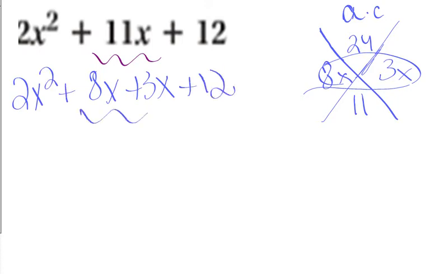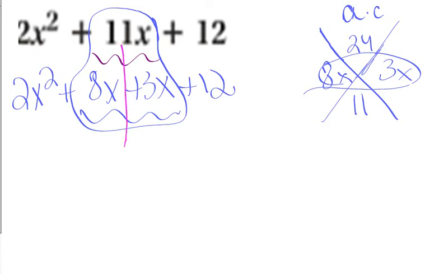All we've done is rewrite this trinomial by replacing the middle term with those 2 factors that we calculated. Same equation. Now that we've broken this down into more terms, we can divide it in half and look at each side separately.